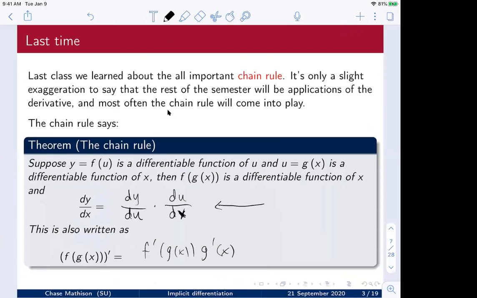dy/dx is equal to, so I want this thing, right? What is that equal to?